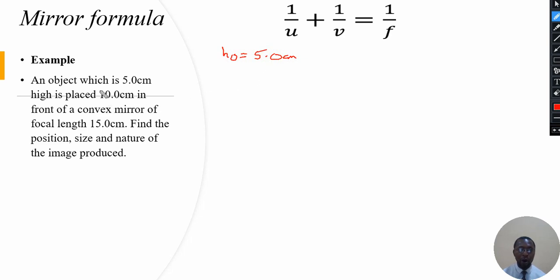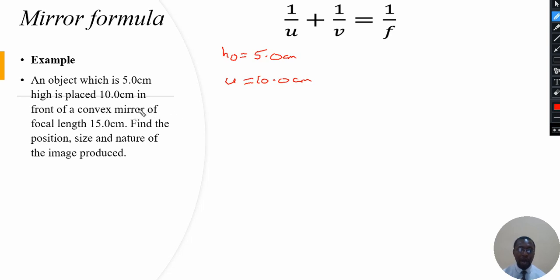And we are told the object is placed 10.0 centimeters in front of a convex mirror, meaning that u is 10.0 centimeters, because u represents the distance of the object from the mirror.